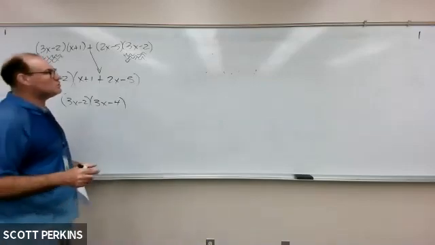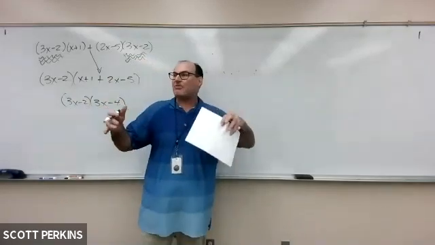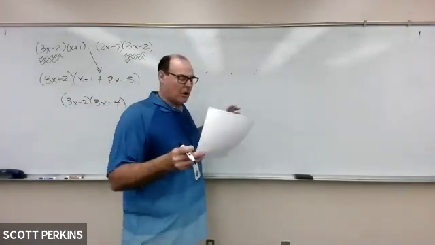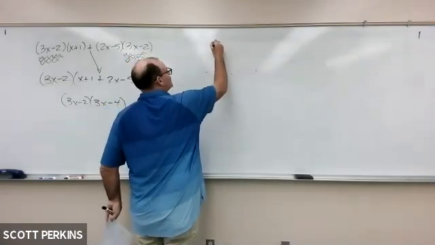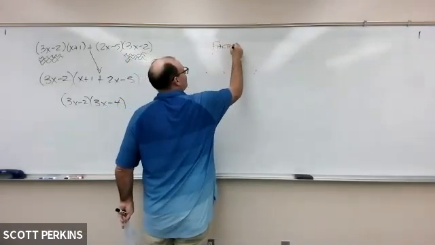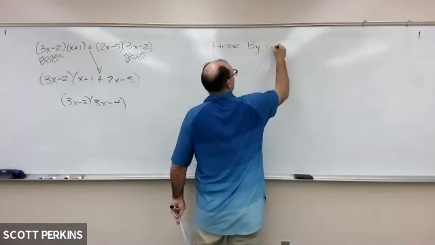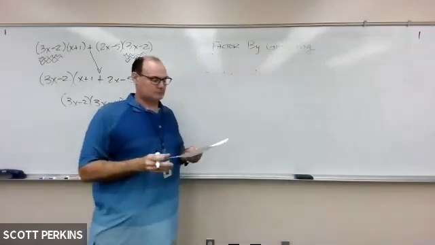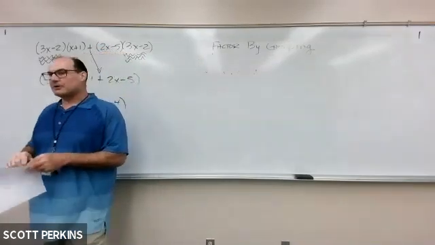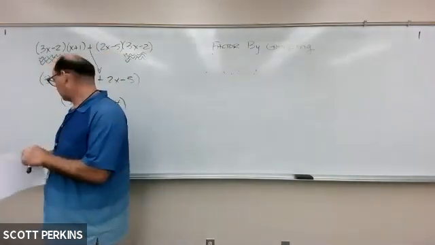Because our goal is to be able to factor things that are all multiplied together, we're going to look at a process called factoring by grouping. We are going to factor by grouping.